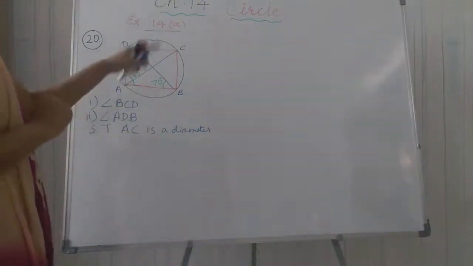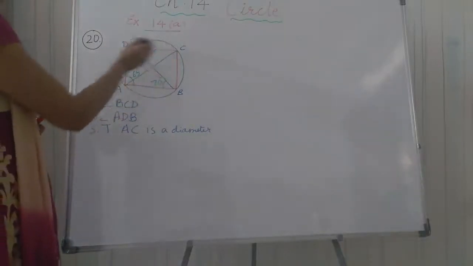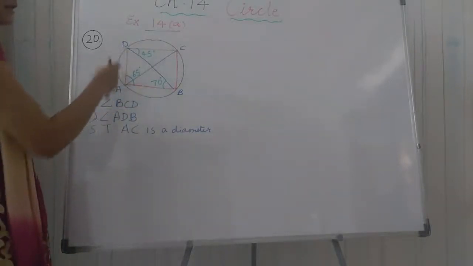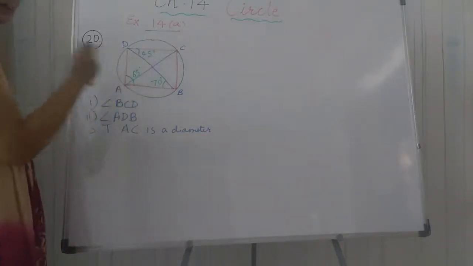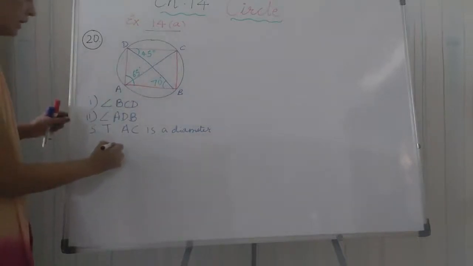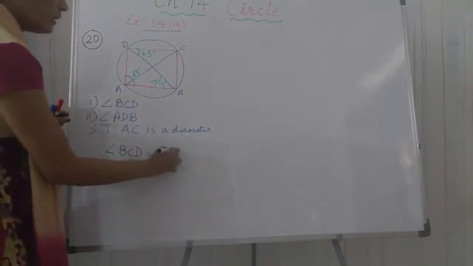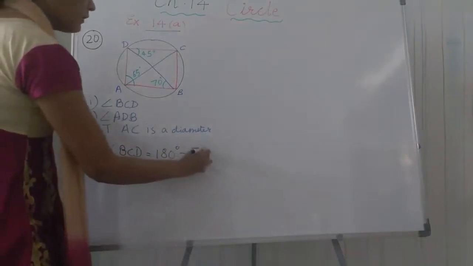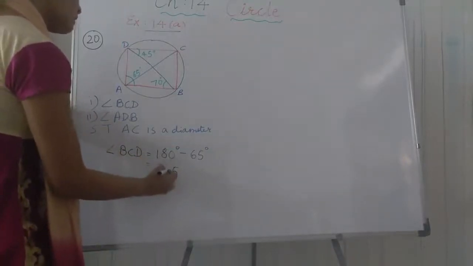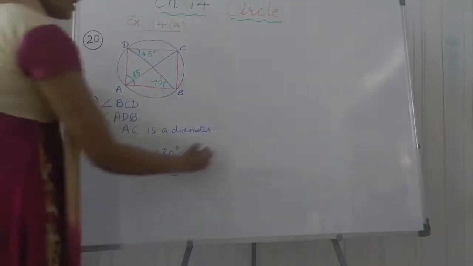So students, first you have to find BCD, this angle. For that you see that ABCD is the cyclic quadrilateral and these two are the opposite angles. So using that cyclic quadrilateral property, I am writing here angle BCD is equal to 180 degrees minus 65, that is 115 degrees. How?